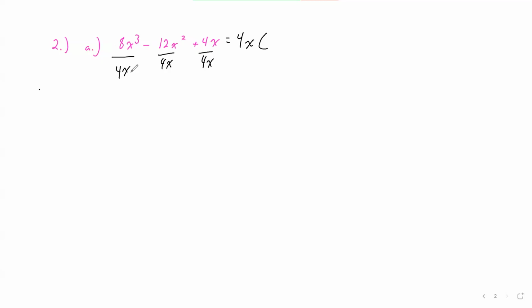8 divided by 4, it becomes 2. I get it. X cubed divided by x. X. It'd be squared because the 3 minus the 1 would make it a 2. And yep, perfect.